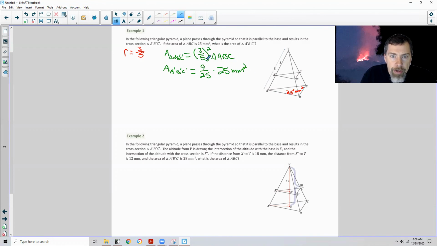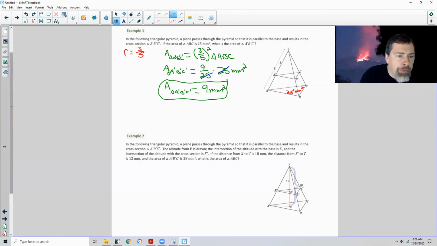So when I square my scale factor, the 25s will cancel, and I now know that the area of triangle A prime B prime C prime equals 9 square millimeters. So the area of the smaller triangle is 9 millimeters squared, where the base was 25 millimeters squared.